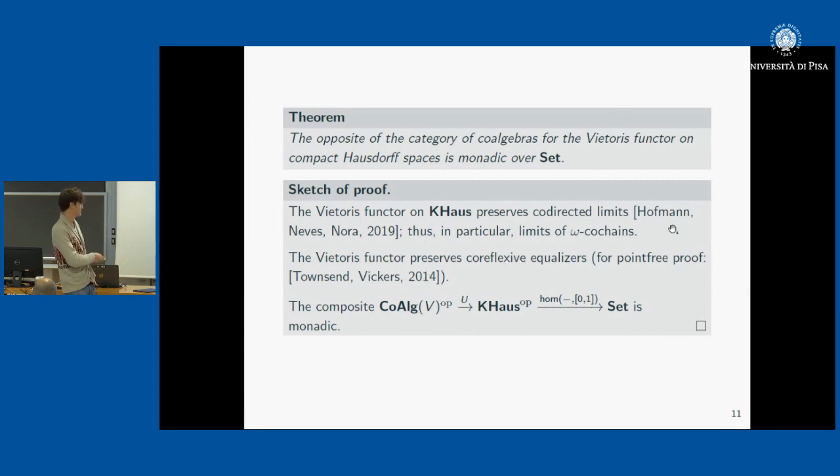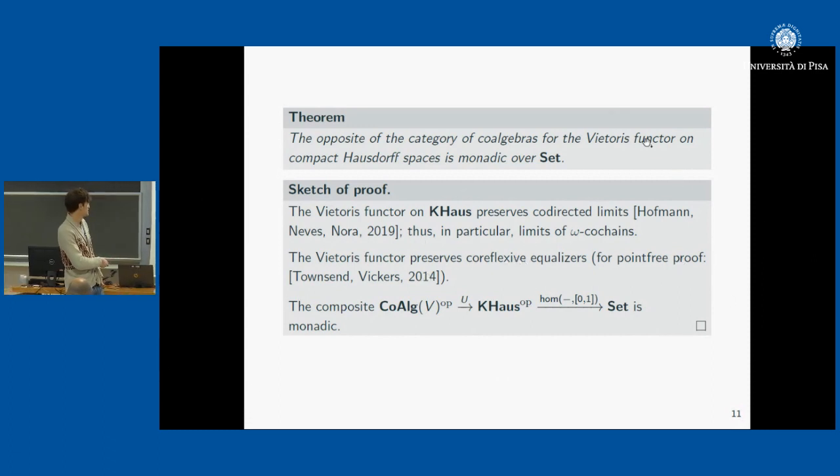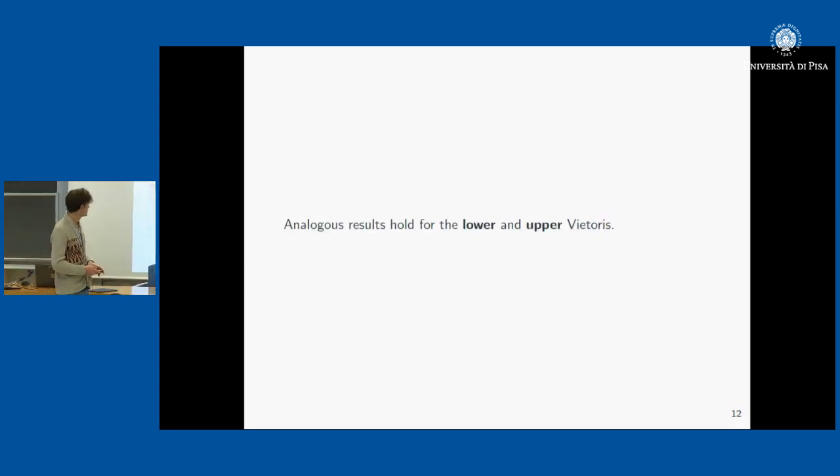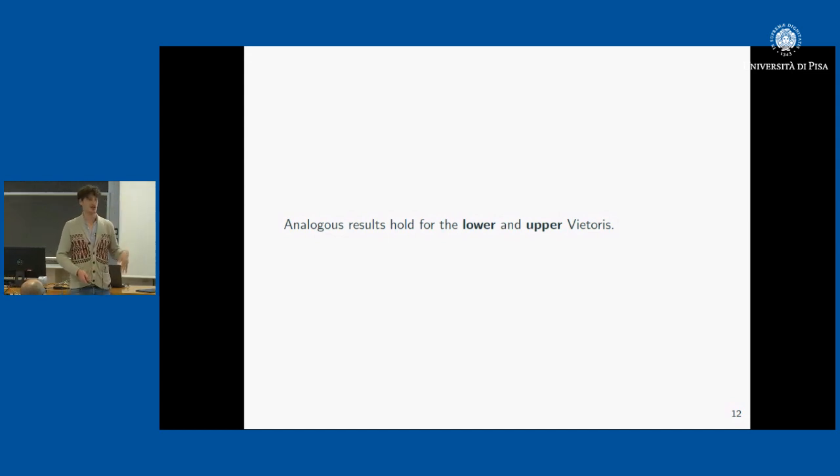Well, they had actually already been shown. And so this composite of the forgetful functor and of the Daskin monadic functor is monadic. And analogous results hold for certain variations on the Vietoris construction, namely the lower Vietoris and upper Vietoris.